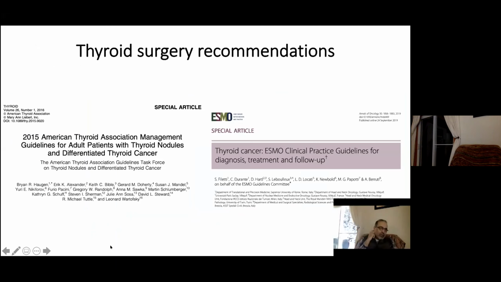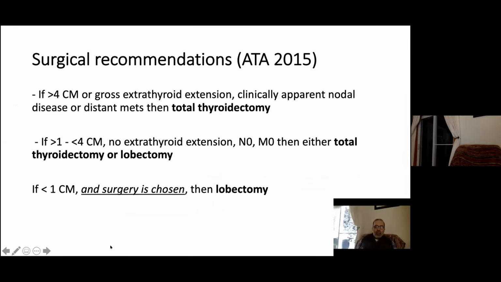Now, I'm going to present to you two guidelines, one from the US and the other a European set of guidelines, and they're similar. If I focus primarily on the North American ATA guidelines, they divide it into three categories.